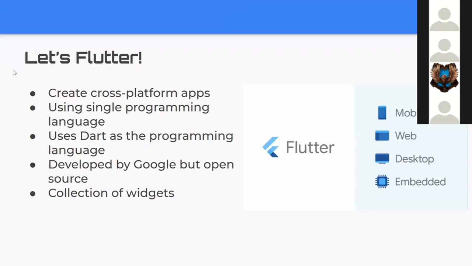The language used is Dart that we have done in our previous session. I think we're familiar with it now. And yes, it was developed by Google, but it is open source to all external contributors. The syntax of Dart supports most of the object-oriented concepts and is used to create Flutter applications.